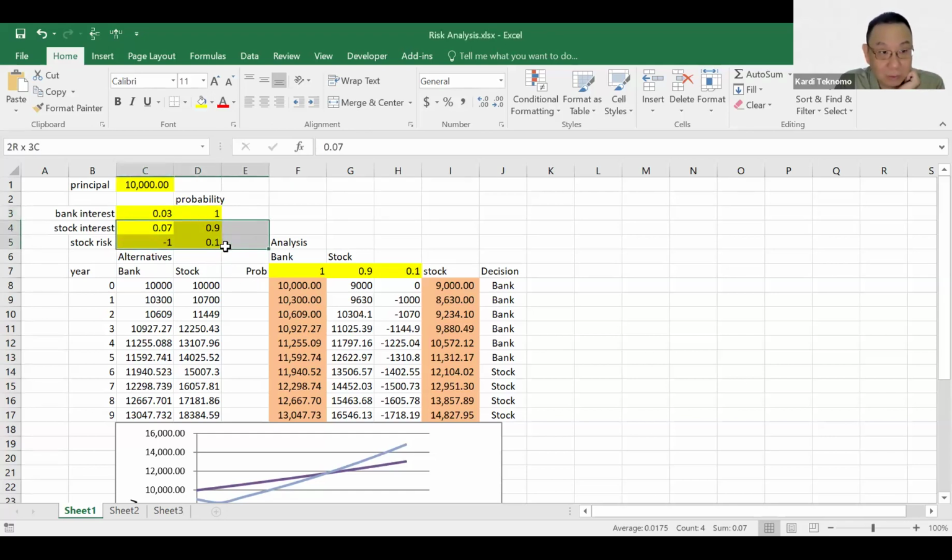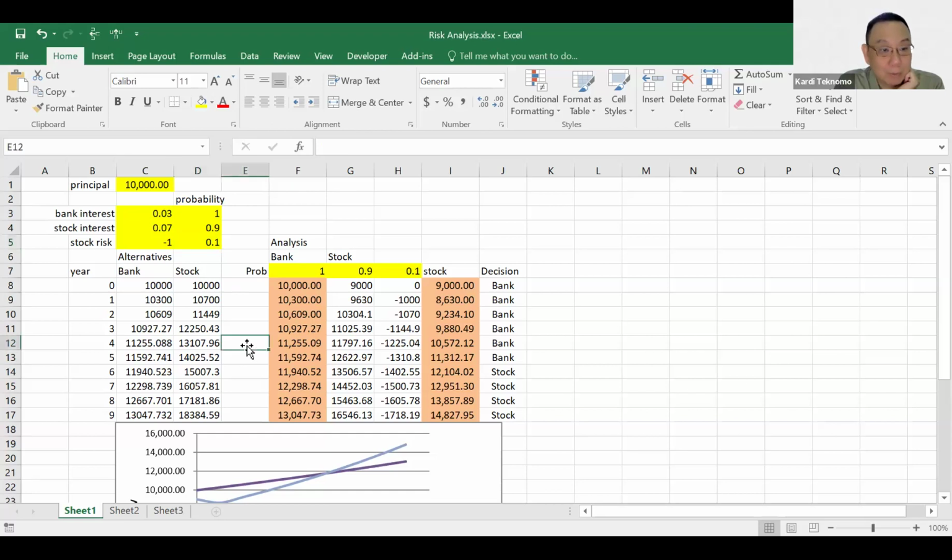If you invest in the stock, you have risk: there is a 7% interest on average with 90% probability, and the stock risk is you can lose all of your money with 10%. So the question is whether you will invest in the stock or in the bank.